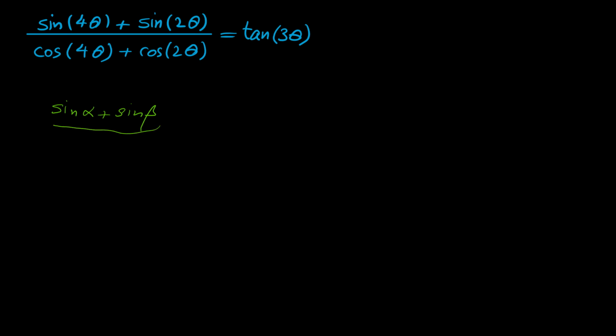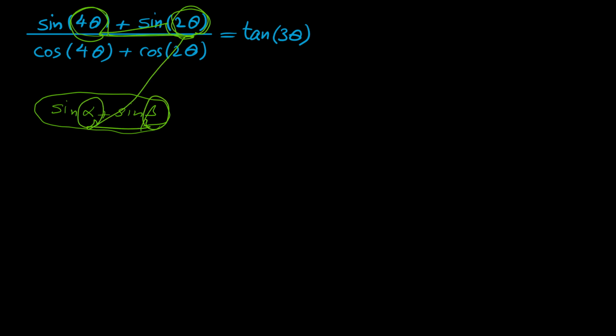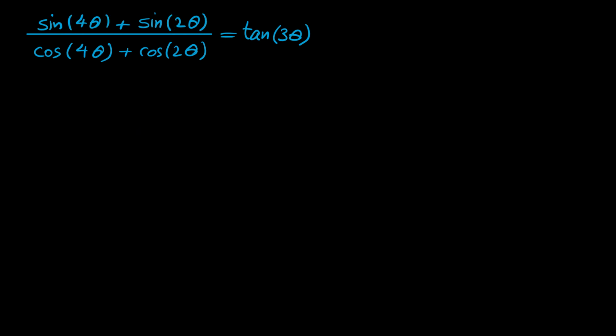The reason we use this identity and write this in the product form is that these two angles are completely different angles. It's like an angle alpha and an angle beta, and it's not easy to write them in the form of each other. So that's the reason we use the sum to product formula for the numerator and also for the denominator.